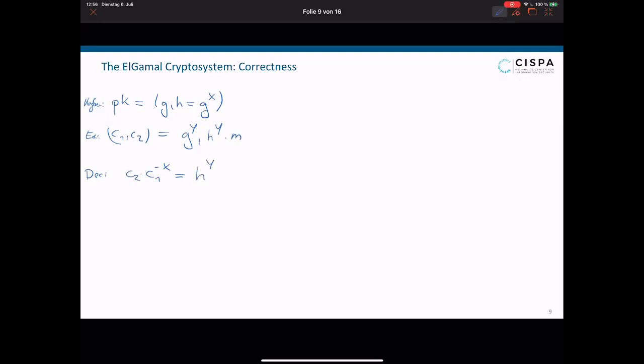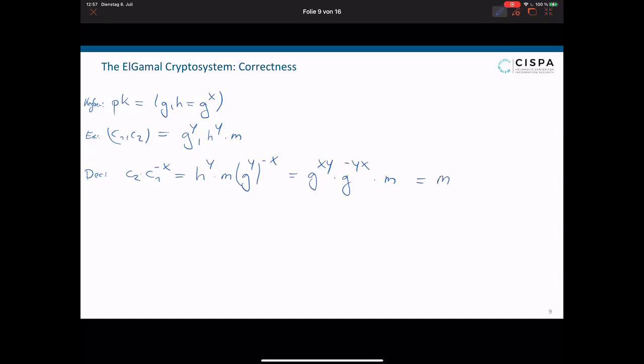C2 is H to the Y times M, times C1, which is G to the Y, to the minus X. Now let's plug in the definition of H. This is just G to the X, also to the Y, times G to the minus Y times X, times M. We see this G to the XY and G to the minus Y times X cancel out.